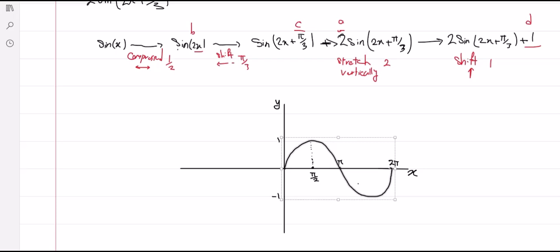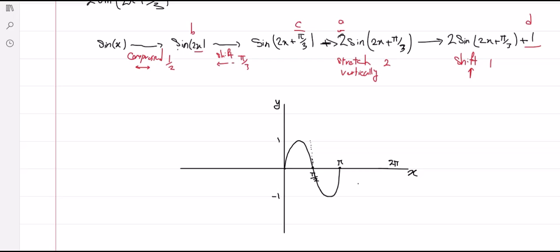If I divide pi by 2, it gives me pi over 2. So I should move 2 pi to pi, and at the same time, pi would be moved to pi over 2. So this would be the sine of 2x function.